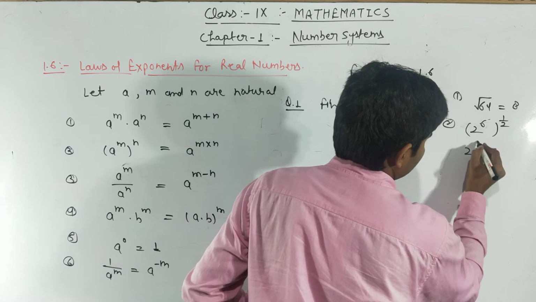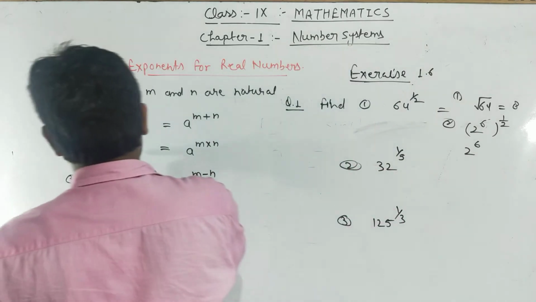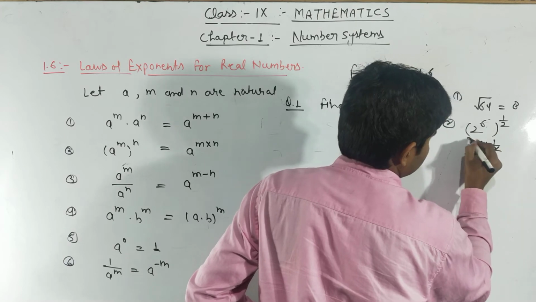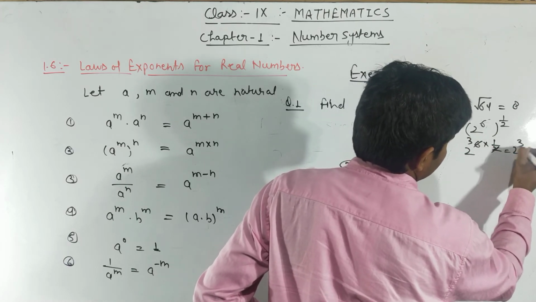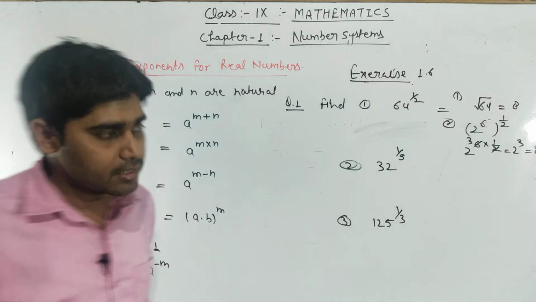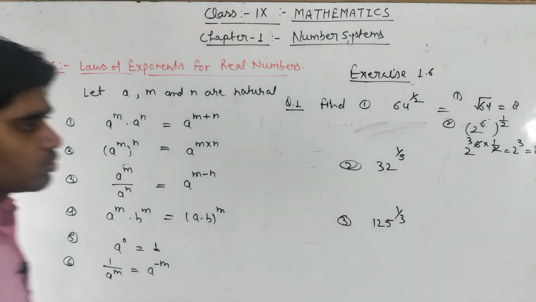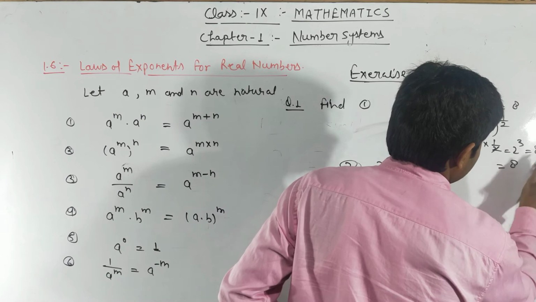Using the identity (a^m)^n = a^(mn), 6 times 1 by 2 is 3. So 2 raised to the power 3 is equal to 8. You can solve it in this method also.